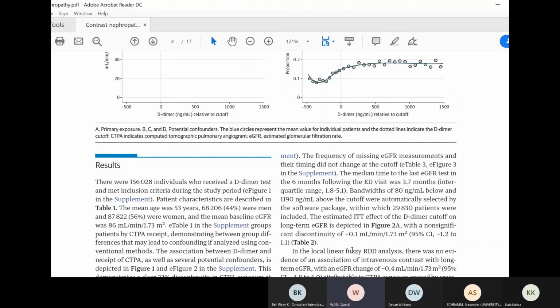Patient characteristics: the mean age was 53, men were 44% and women about 56% of the study population. Baseline GFR was 86 ml per minute per 1.73 square meters.